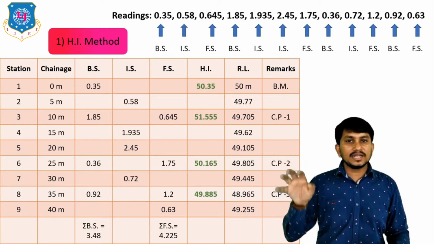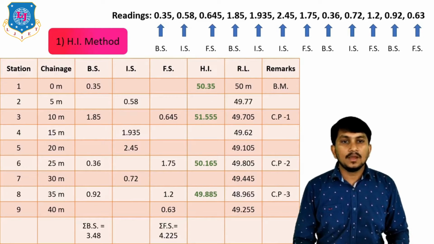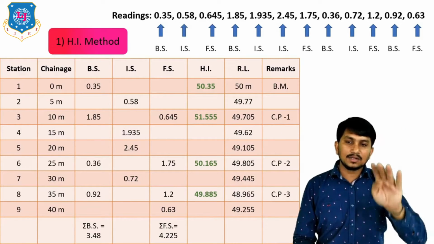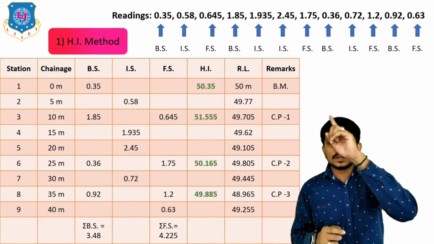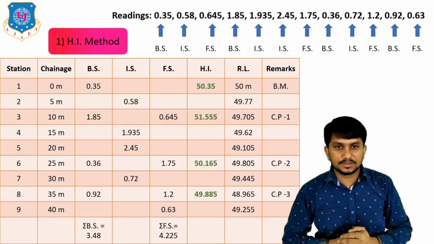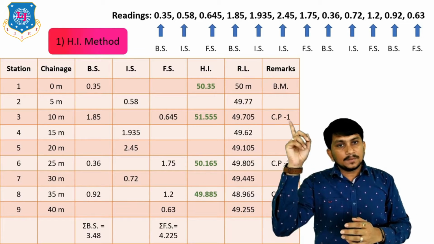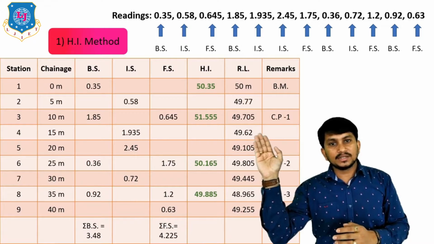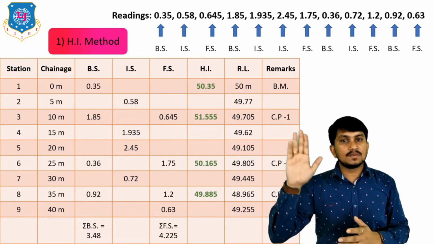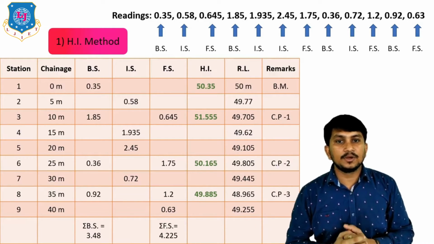After filling these 3 columns, BS, IS and FS, we can calculate the RL of all points. First, the RL of the first station is given in the example as 50 meter. Then we can calculate HI, 50 plus 0.35, RL of benchmark plus BS, which is 50.35.